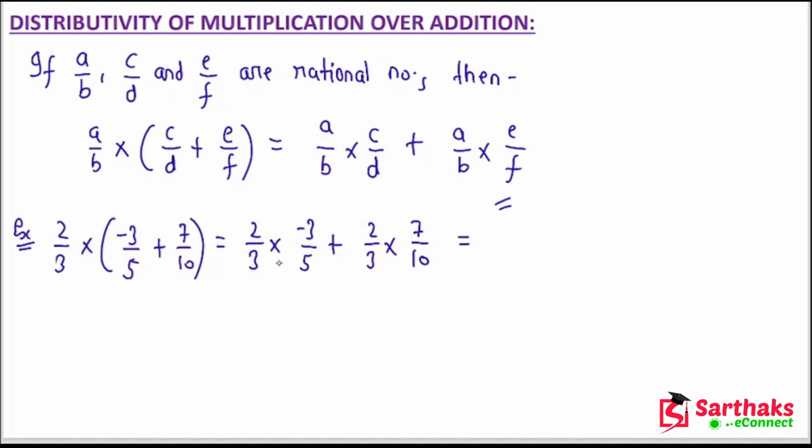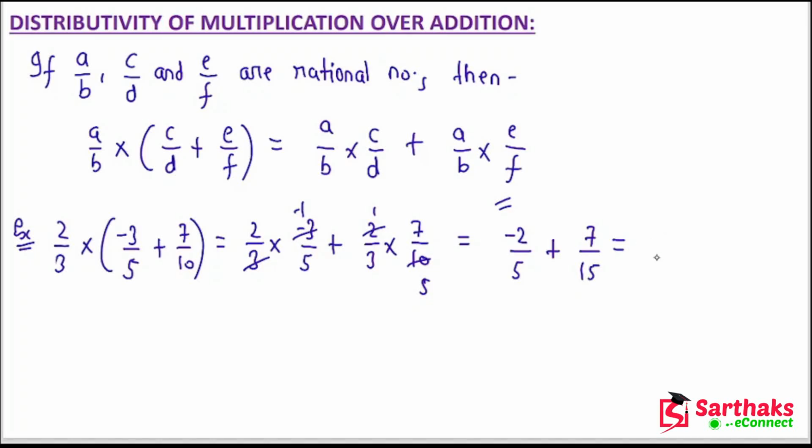So we will cancel out 3 and 3 as the common factors, and we will get minus 2 upon 5, right? And here we will cancel out 2 and 10 by 2, and we will get 7 upon 15.